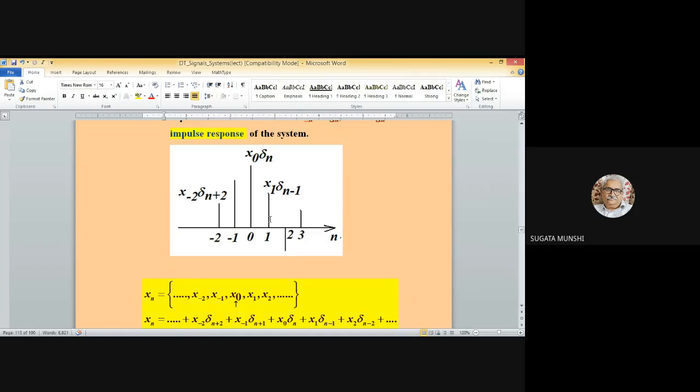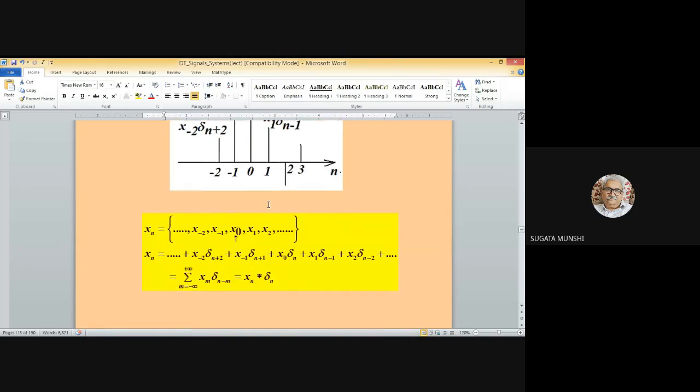So if the height is x 1, this sample can also be expressed by x 1 delta n minus 1. In this way, the entire sequence can be expressed as x 0 delta n, x 1 delta n minus 1 plus x 2 delta n minus 2, etc. And on this side, x minus 1 delta n plus 1, x minus 2 delta n plus 2, etc.